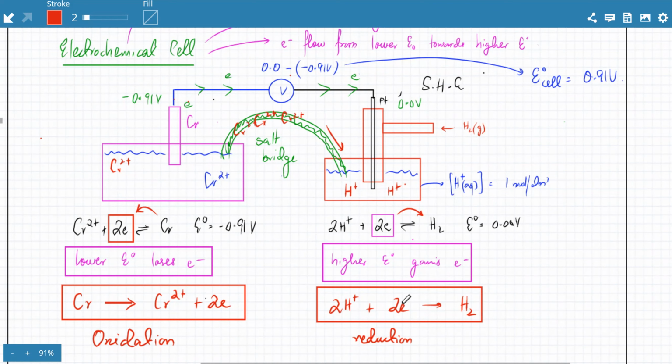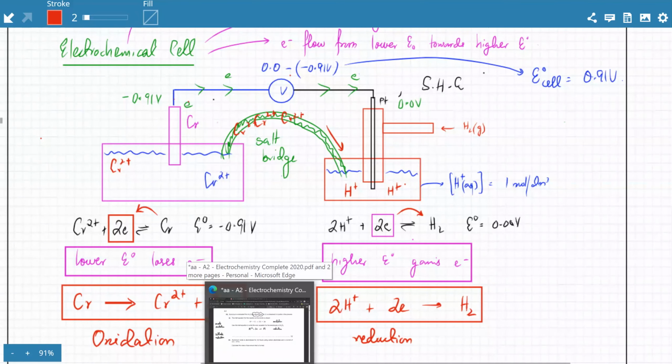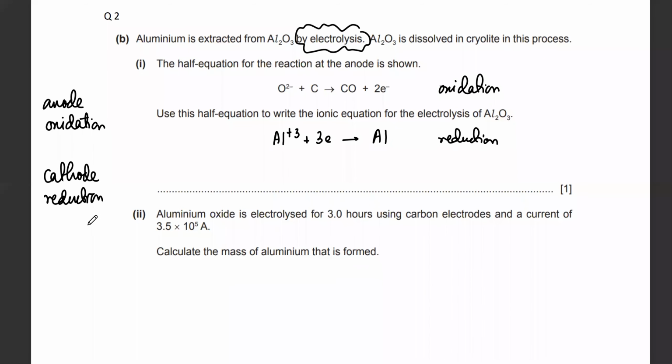Is this clear? Just remember, they don't really talk about anode and cathode when it comes to cells. But if they ask, the place where oxidation happens is the anode.